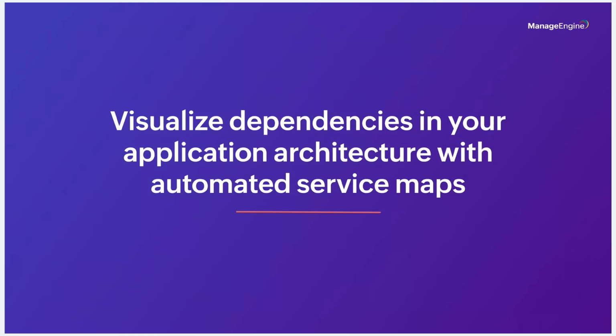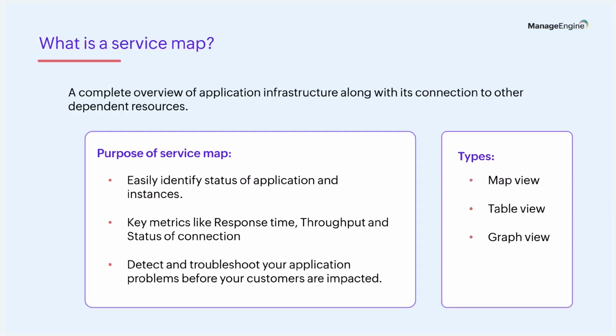Going to the last slide, we are going to see how you can visualize the dependencies in your application architecture with the help of the automated service map. So what is a service map? The service map will provide you a complete overview of the application infrastructure along with the connections to other dependent resources.